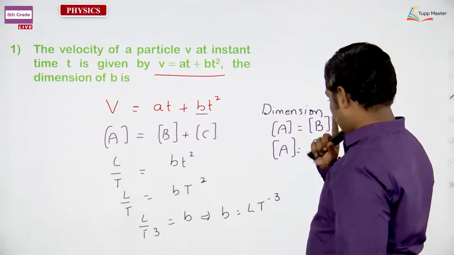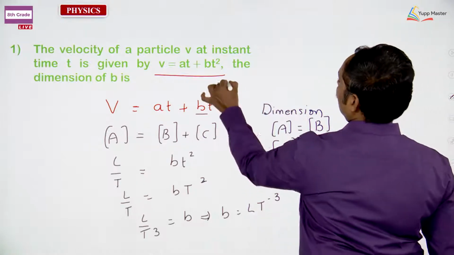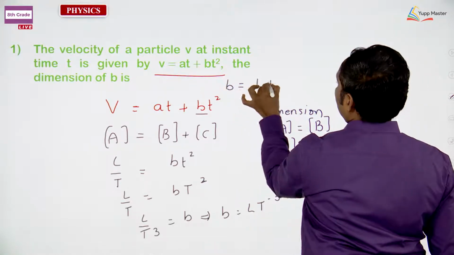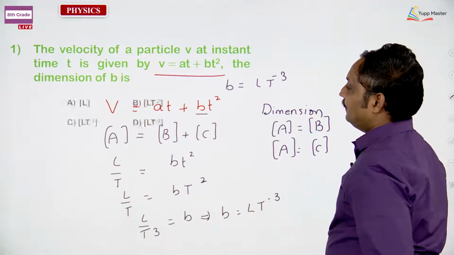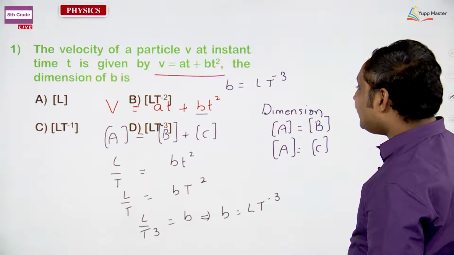That is very clear: the dimensions of B is equal to L T minus 3.